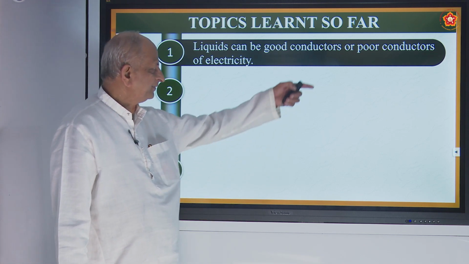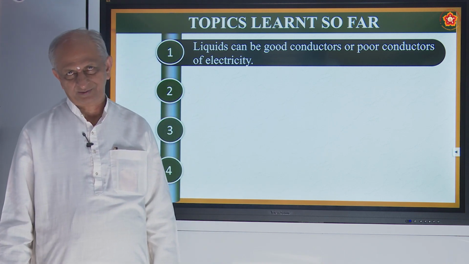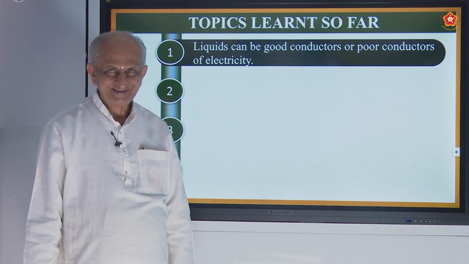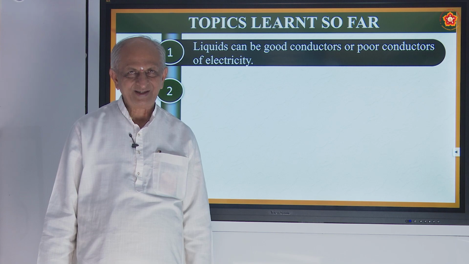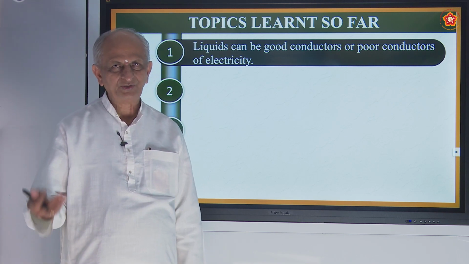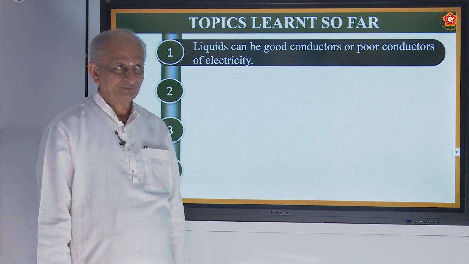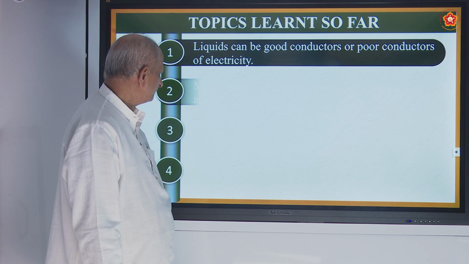But at the same time there are some which do not conduct electricity at all. Can I name some of them? Yes, honey, correct. Honey doesn't conduct electricity. Even water is a very poor conductor, correct? Even milk also. So there are some liquids which do not conduct electricity.